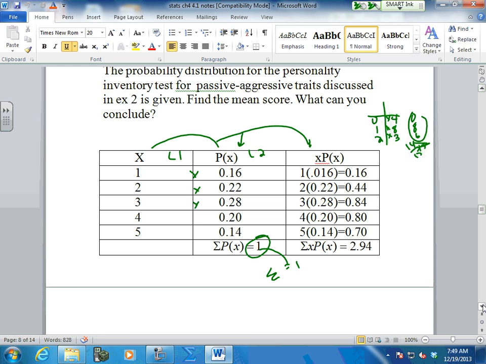So it has no effect when you put that in. If you put in your frequencies like the original two tables, L1, L2, it does the exact same thing. It adds up all your frequencies after it multiplies, and it divides through that. So either way, you're going to get your mean.